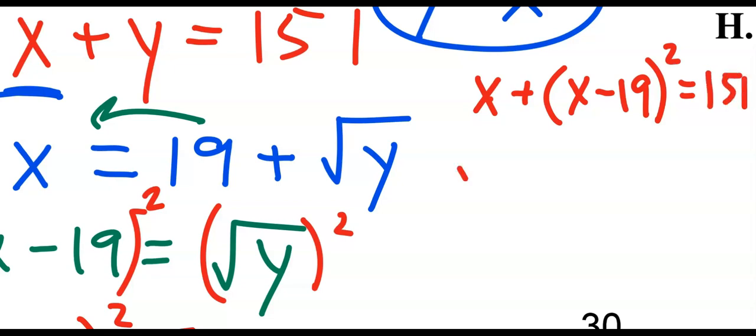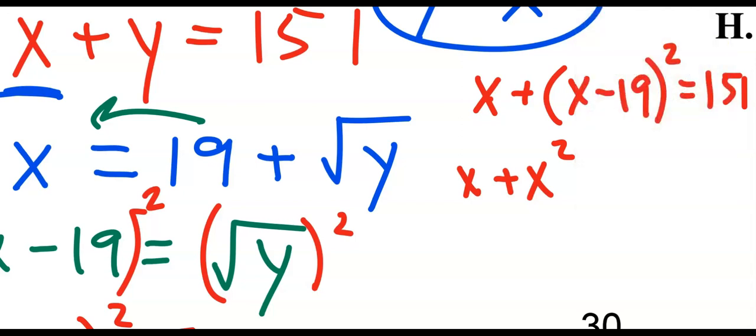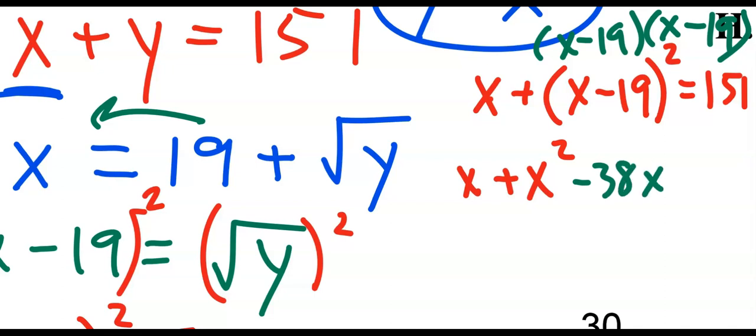Make sure you FOIL that correctly. Remember, you've got x minus 19 times x minus 19. That's really what you're dealing with when you have it squared. You got minus 38x.